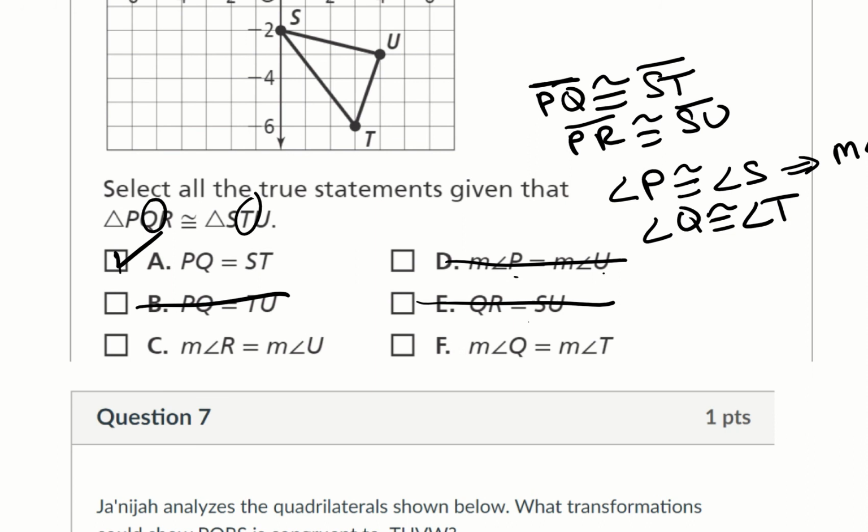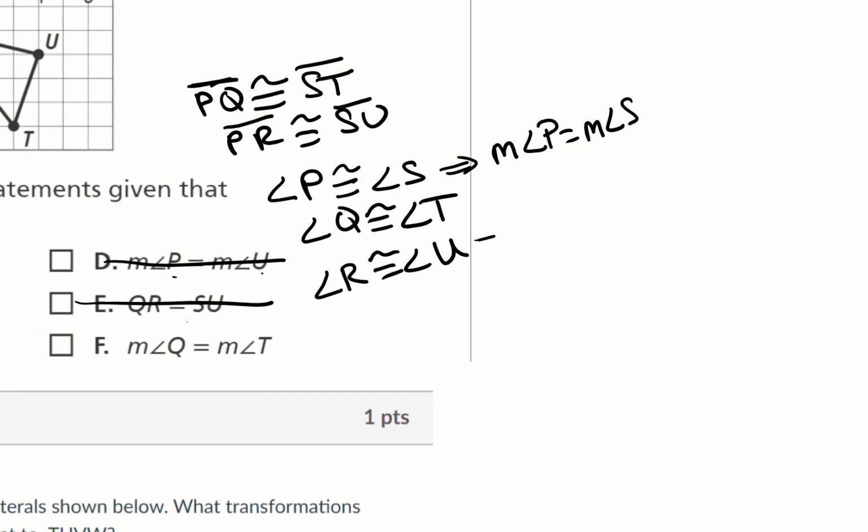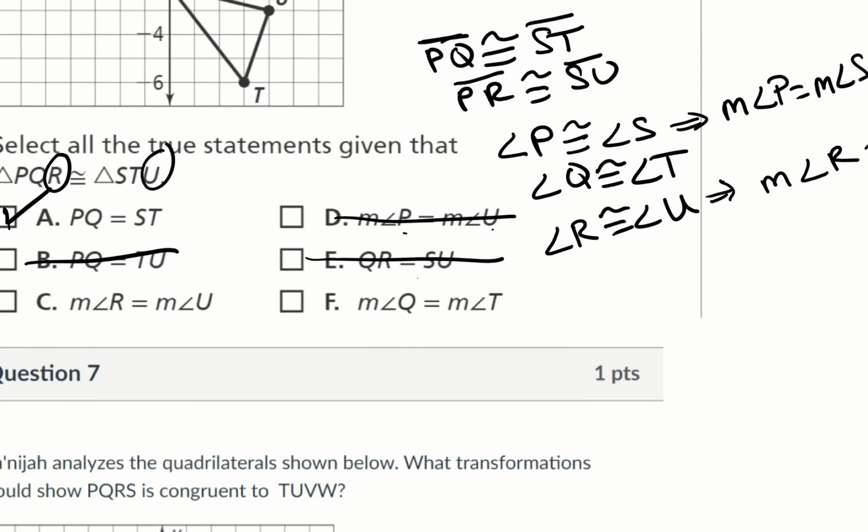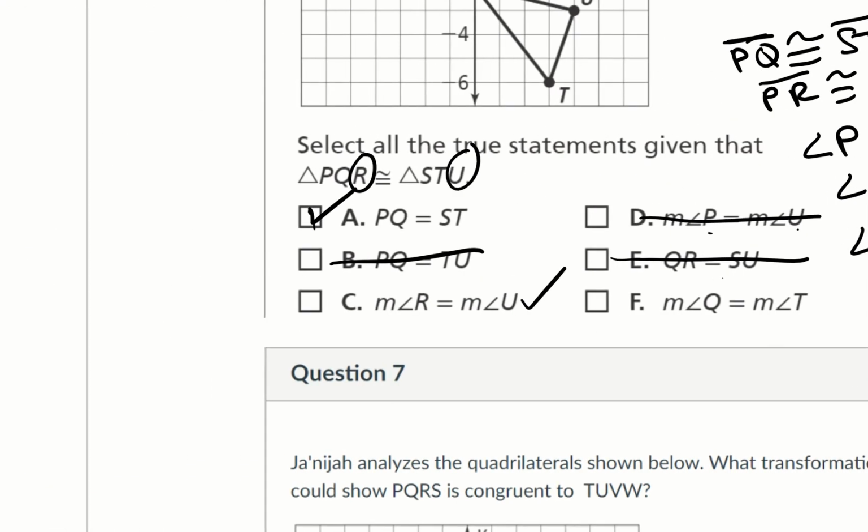What about angle R? We haven't done that one yet. Angle R is congruent to angle U, and so the measure of angle R is equal to the measure of angle U. This works out. This is actually correct, so we can go ahead and check that.